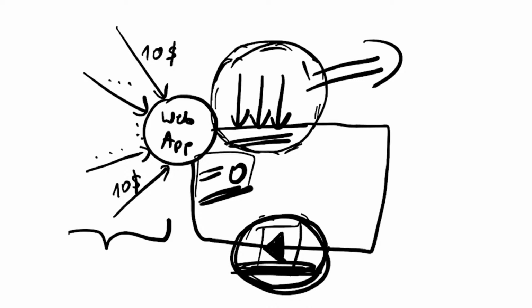Now let me tell you why we've got a race condition here. Well, indeed, we've got a race because the question is like this: how many threads are gonna be accepted, right? How many money transfer requests are gonna be accepted before the balance goes to zero? That's the question.